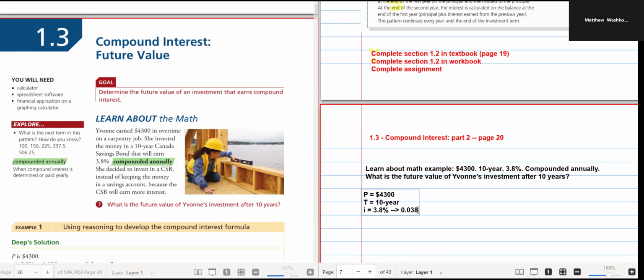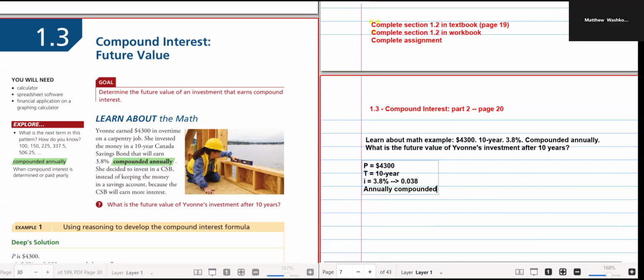So 0.038 is the decimal of 3.8%. And it is annually compounded. So, how am I going to do this? Well, we have a formula that we are going to use.